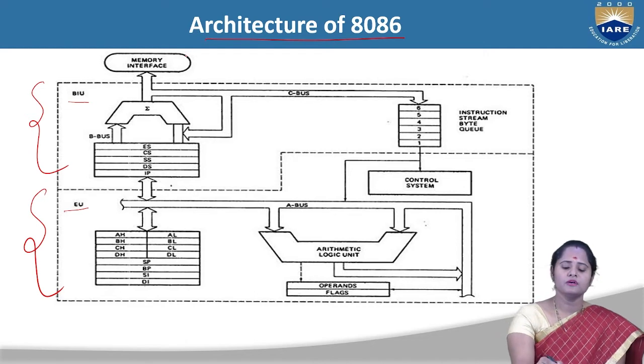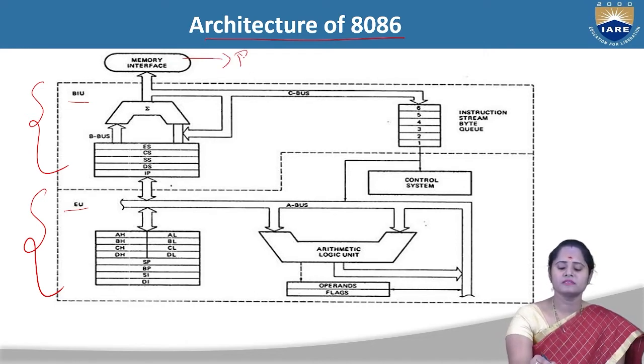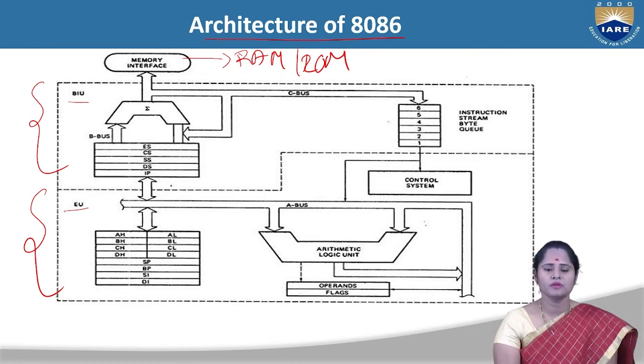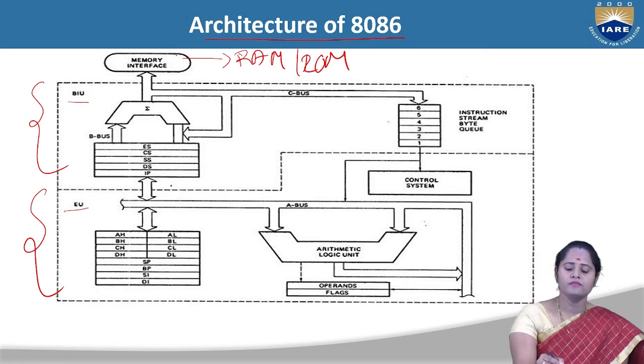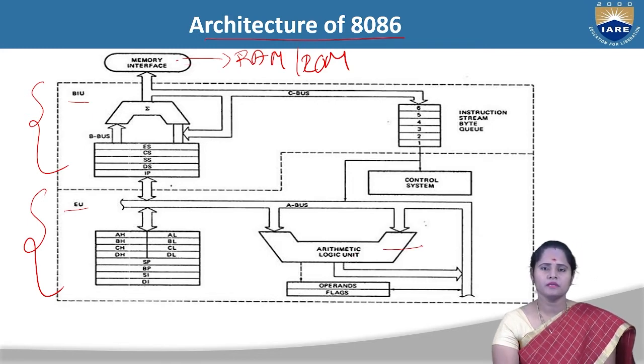Right. So, here we have a memory. The memory interface is nothing but a ROM and a RAM. In this memory I've placed the instructions which I execute. So we need a path where, from the memory, I can send them to the ALU unit in order to execute. So how is it sent?